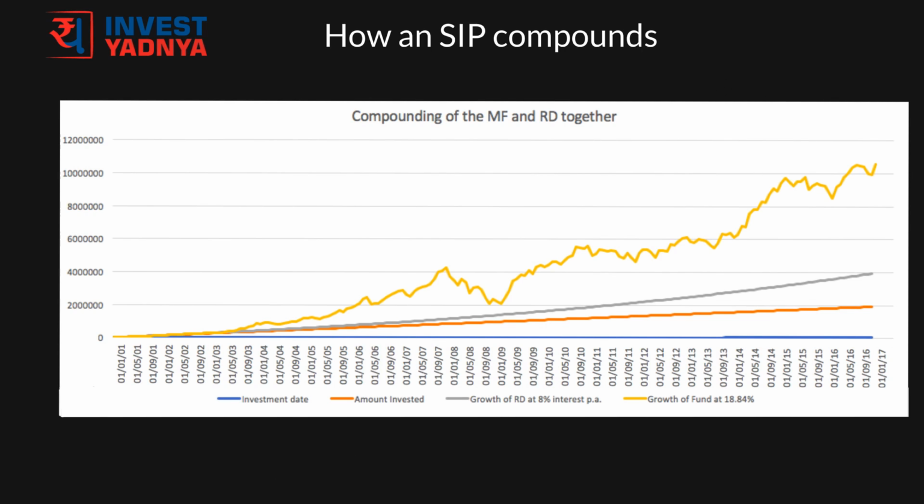Just for the curiosity of the people who want to know how a 10,000 rupees SIP can create a corpus of 1 CR, we have plotted the growth of the fund as well as the RD in the same graph. Now the grey line is the growth of your RD, yellow line indicates the growth of your fund, and the orange line indicates the amount you have invested.